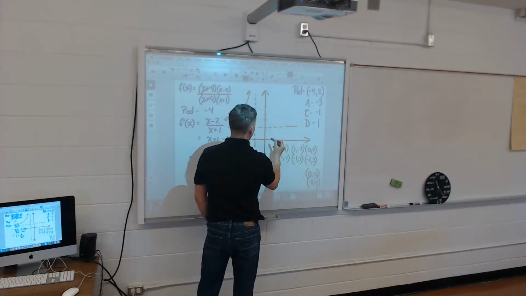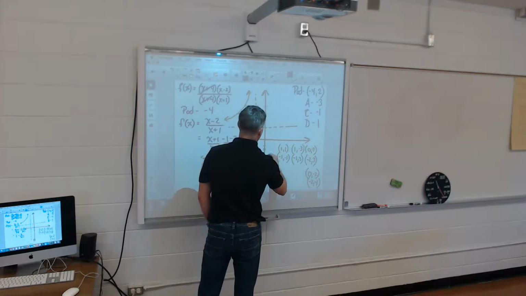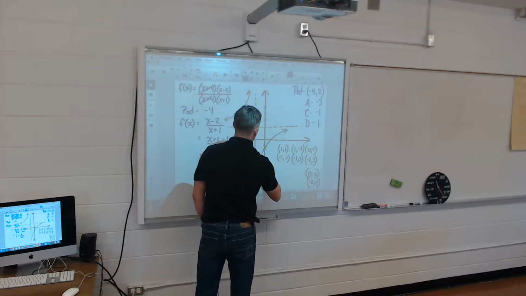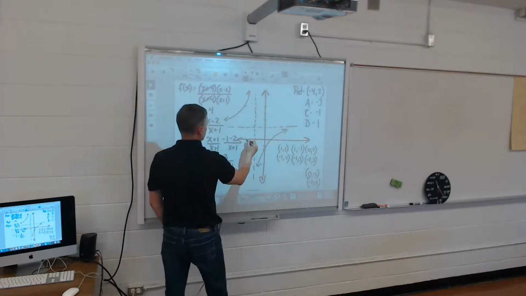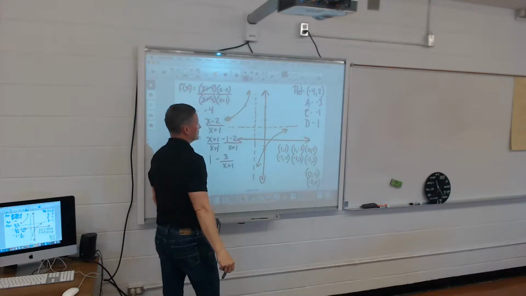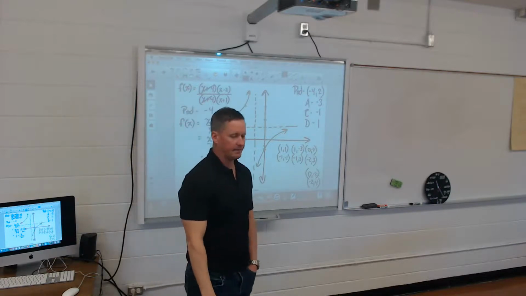I go to 0 and -2, right here. And then I have to go to -4 and 2, which should be about there, and draw my point of discontinuity in.